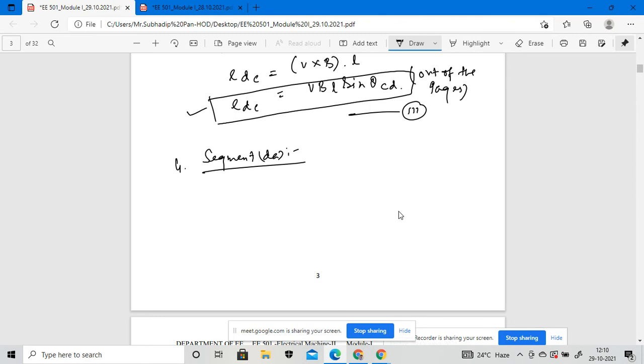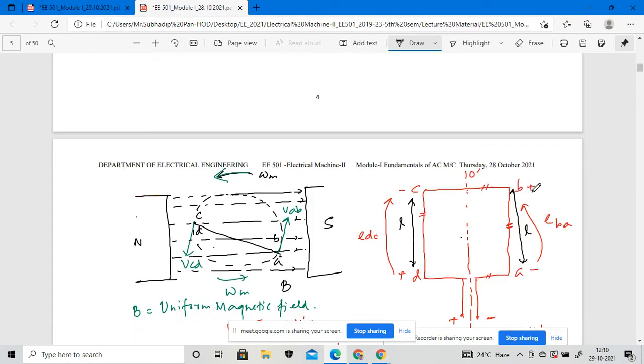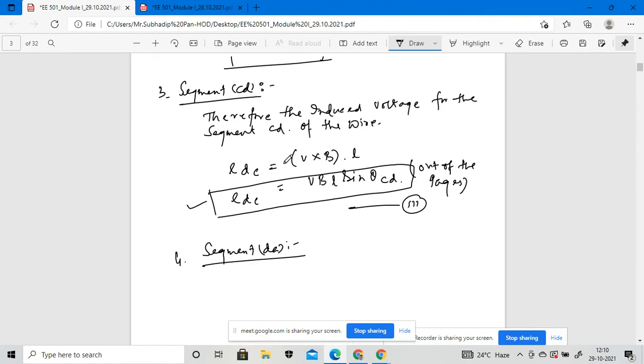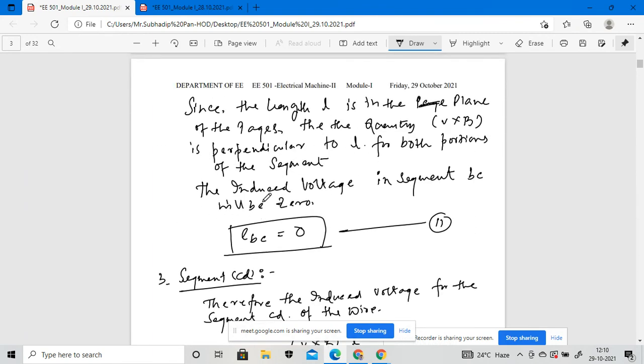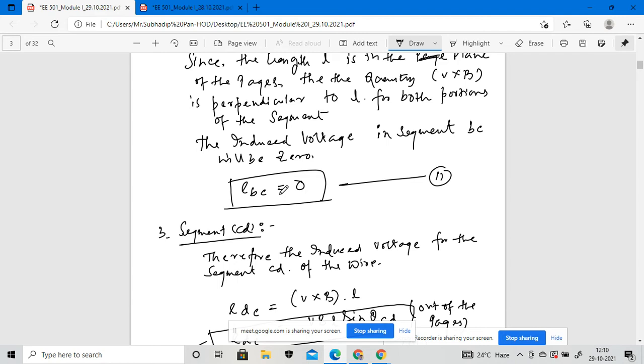So just as in the segment of BC, I already told you that BC and DA are parallel to each other. So for that case, E of DA is also equal to zero, as we are considering V into B is perpendicular to L. Therefore the voltage in this segment DA will also be zero.